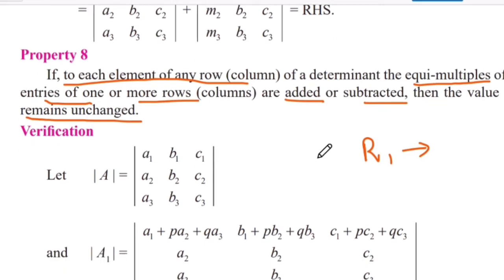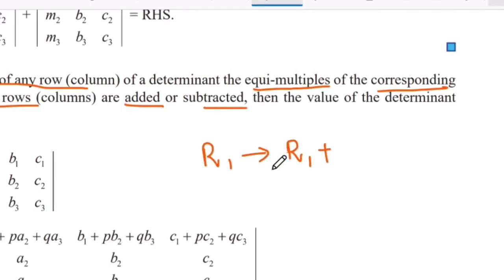So that means with row 1, I am going to add a constant times R2, P times R2, Q times R3. The value will not change.